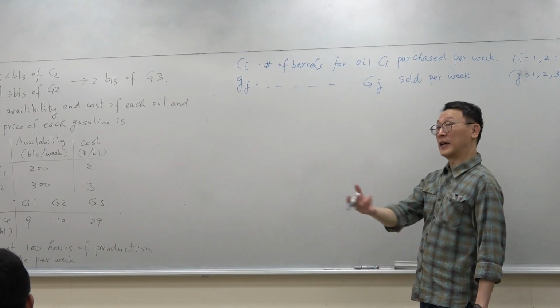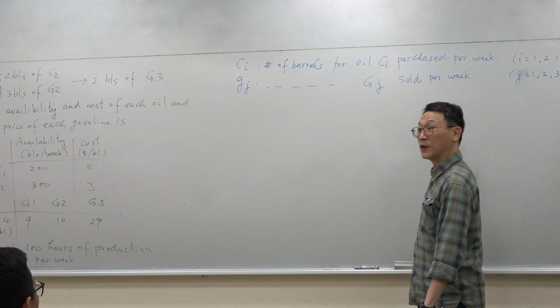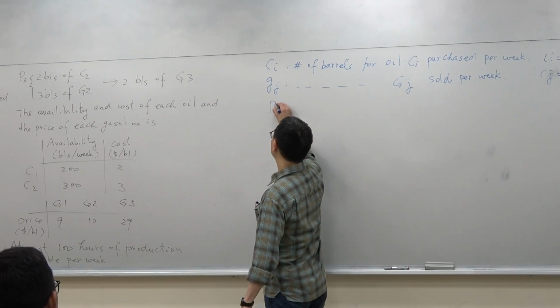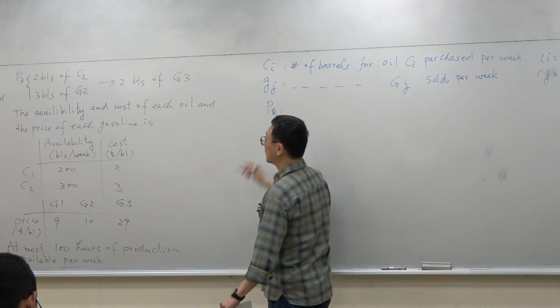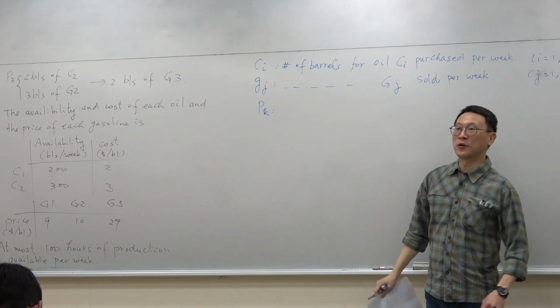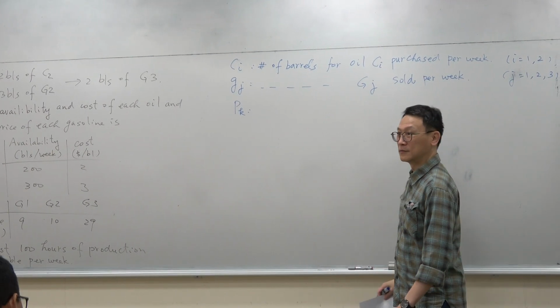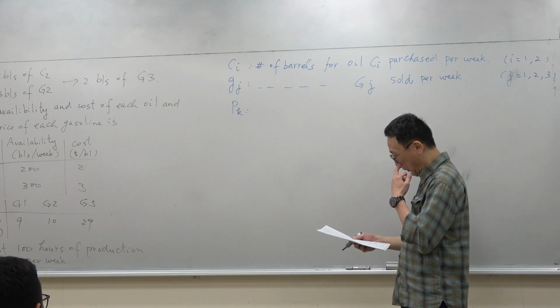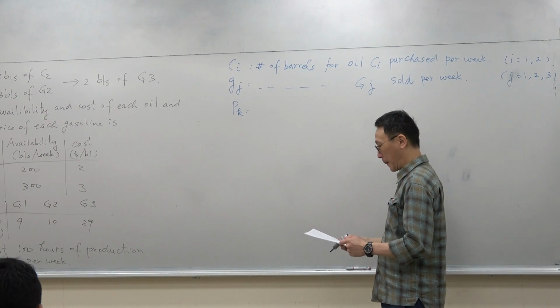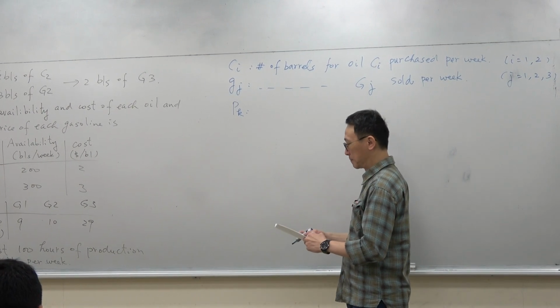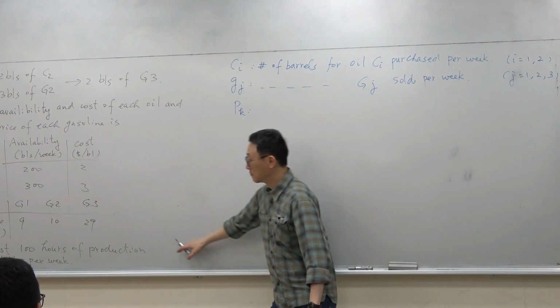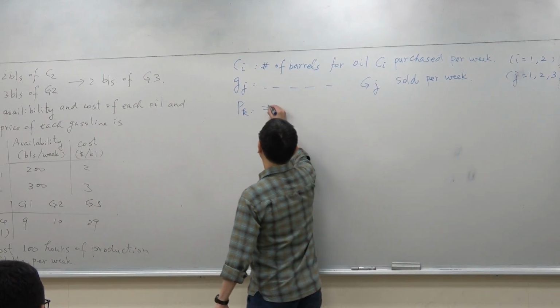For the different processes I have to give them different variables. So we can utilize P_k, in the case for each process, P1, P2, P3. But how can I define it? Number of hours.